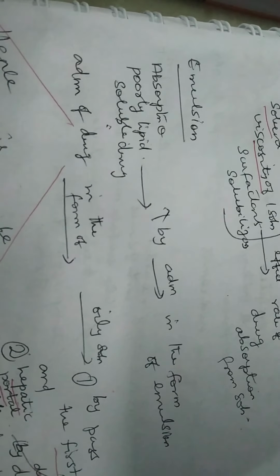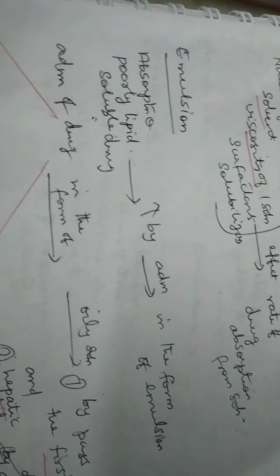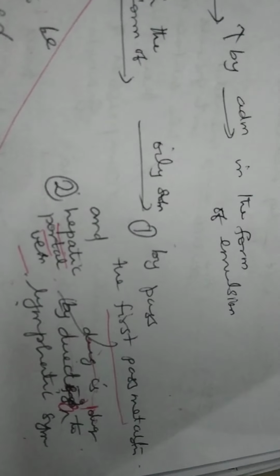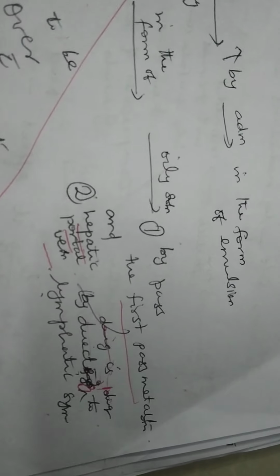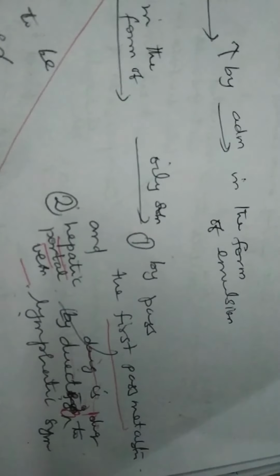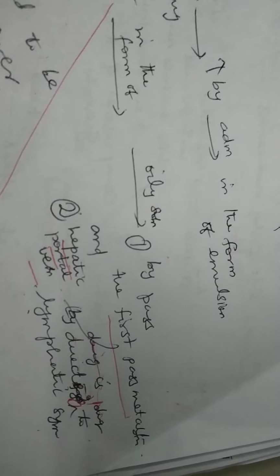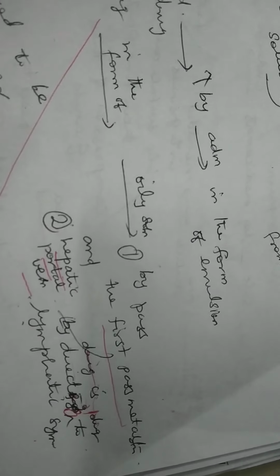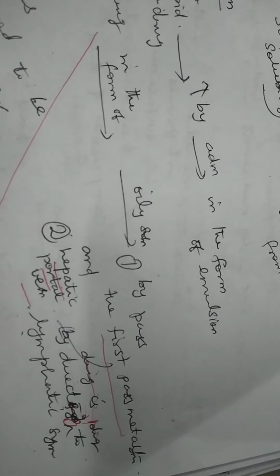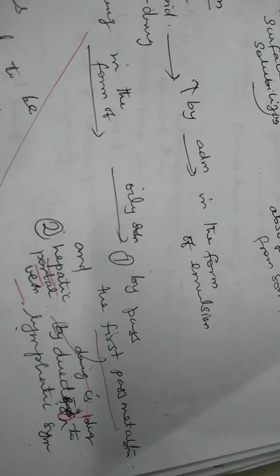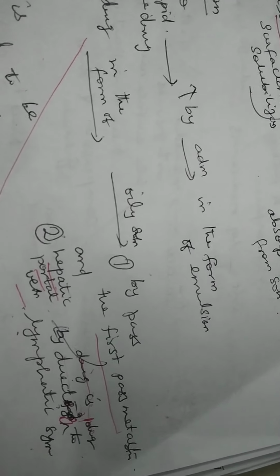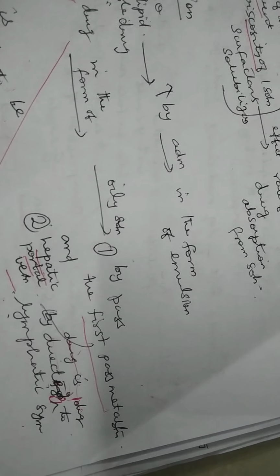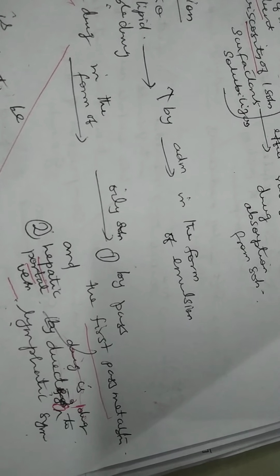The administration of the drug in the form of an oily solution increases the rate of absorption because it bypasses first pass metabolism. The drug doesn't go to the liver; it is directed to the lymphatic system, which bypasses the liver, the first pass metabolism, and the hepatic portal vein.